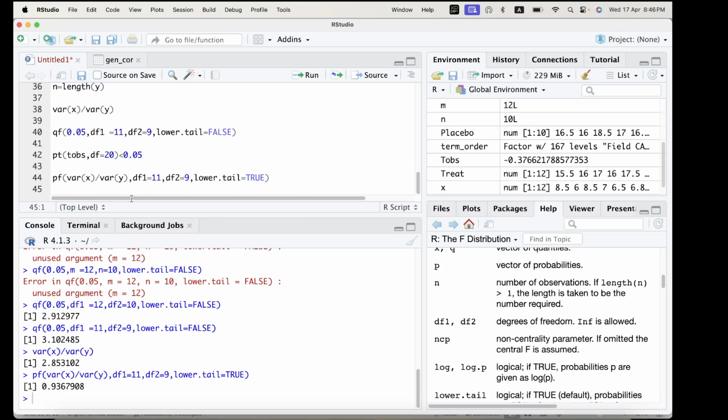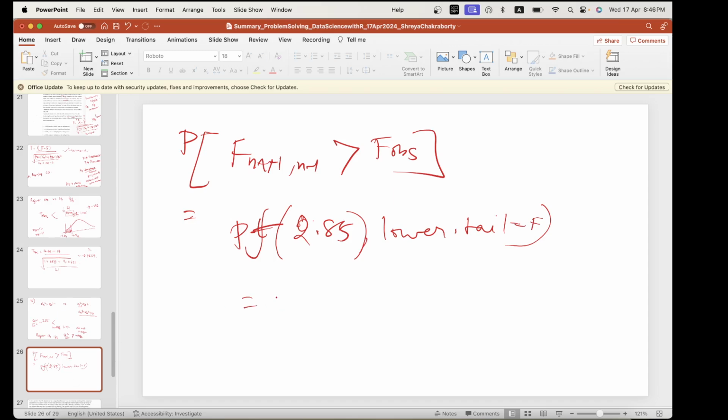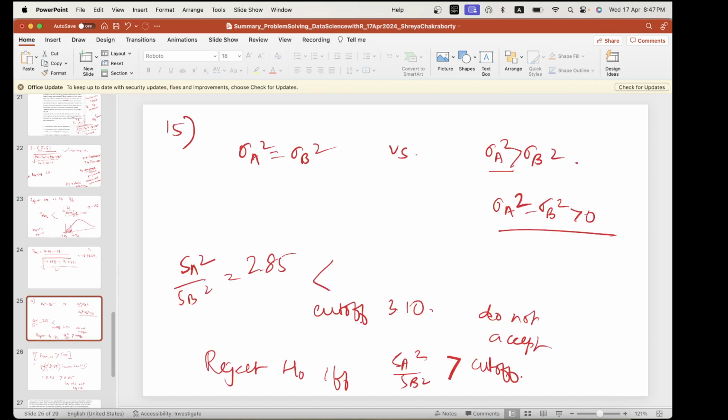So this is your 0.93, which is greater than 0.05. Therefore, do not reject. Sorry, here I wrote incorrectly.